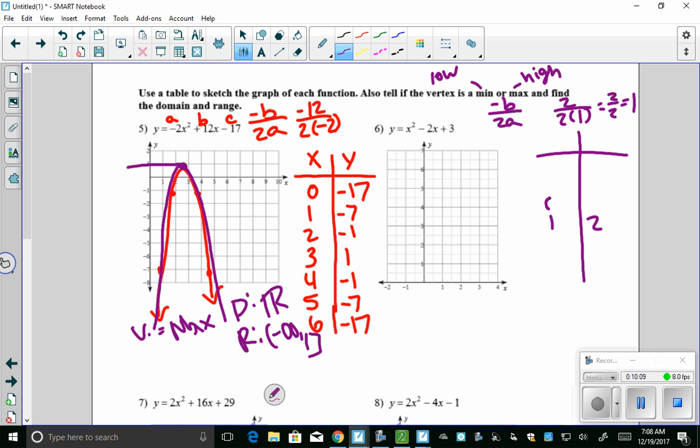So then go numbers below and above, and then plug them in for your x. So I'm going to have 0 squared minus 2 times 0 plus 3, which is going to give me a positive 3.